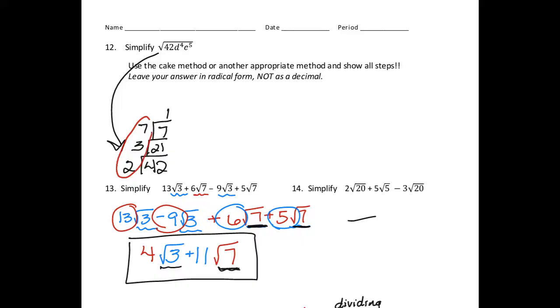What do you notice about the prime factorization of 42? What do you notice about it that's different from a lot of other numbers that we've had? There's no pairs. Yeah, there is no pairs right there. So your number will still be the square root of 42, but we need to do d to the 4th.